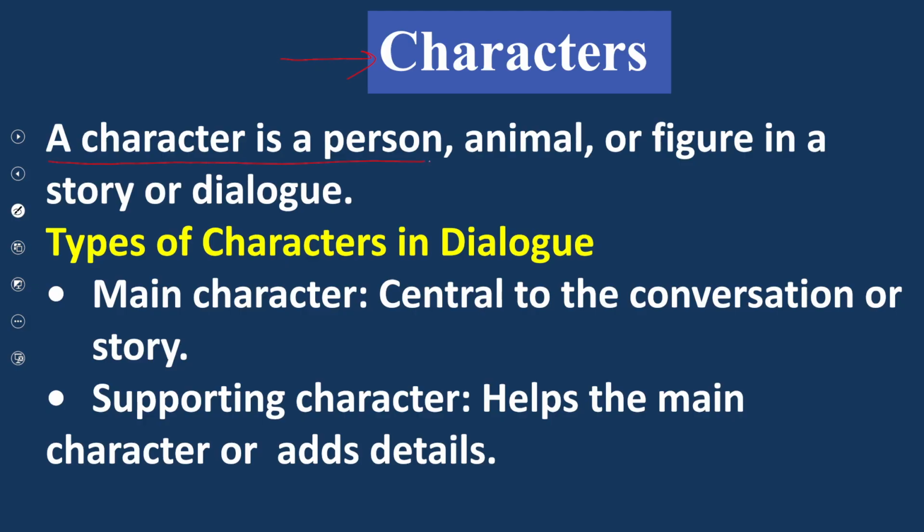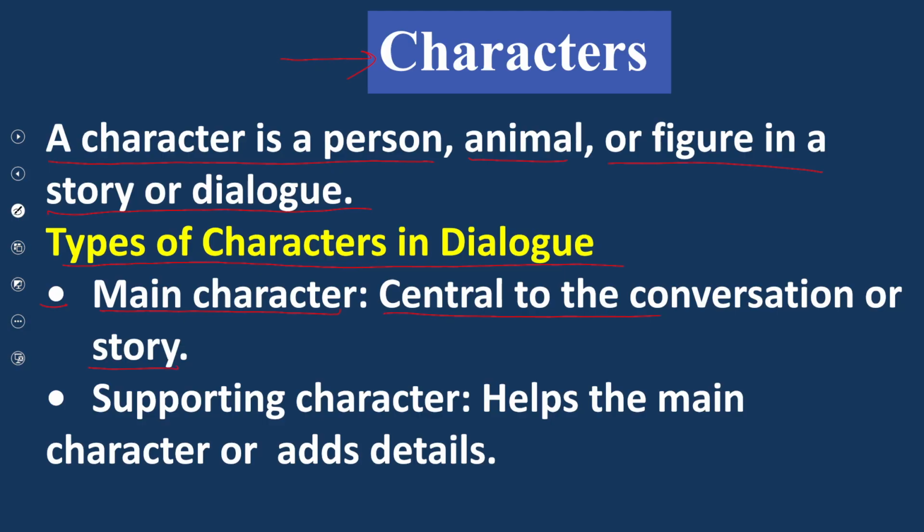A character is a person, animal, or figure in a story or dialogue. That is called a character. Types of characters in dialogue. How many types? Number one, the main character, central to the conversation or story.